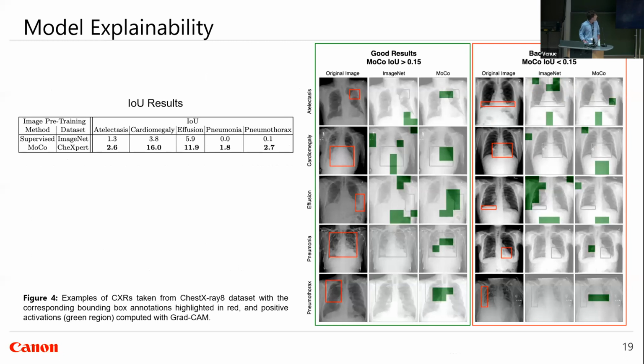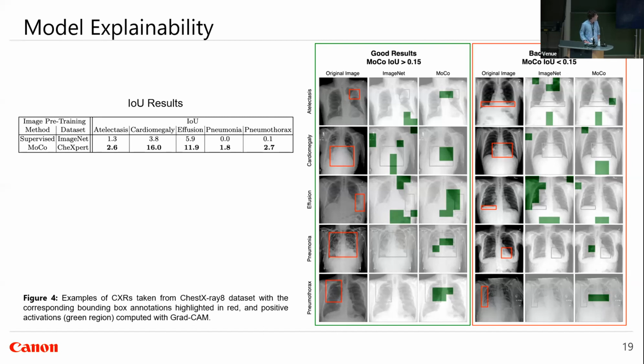So on the left are the IoU results, and we can see that using MoCo, the IoU is better, although the numbers are still quite low. That can be due to the fact that it's quite a small activation map, at 7x7, and also because we only fine-tune the final fully connected layer.